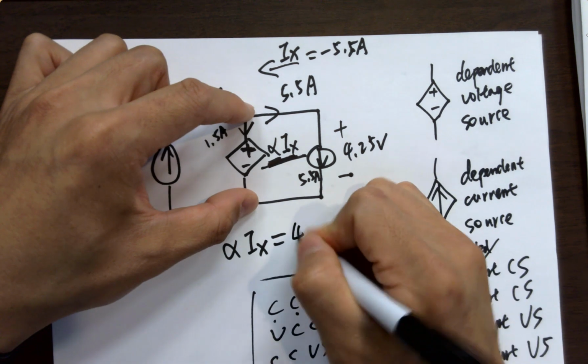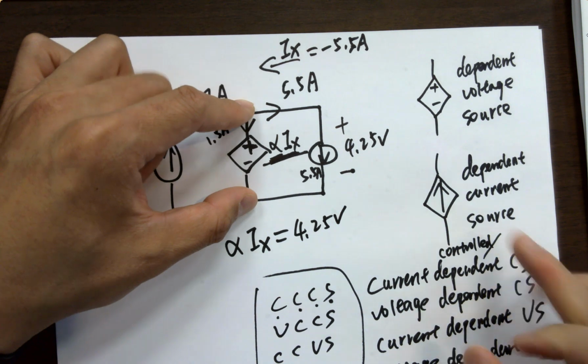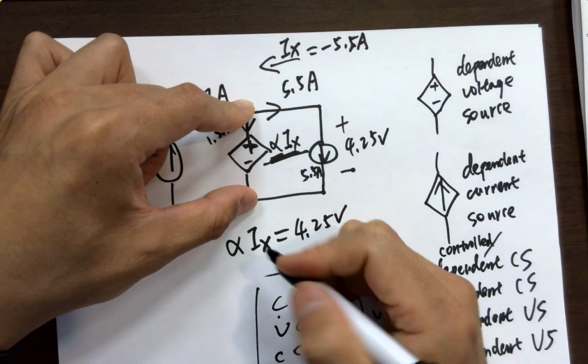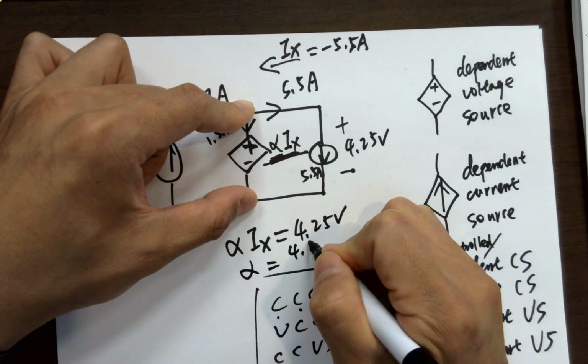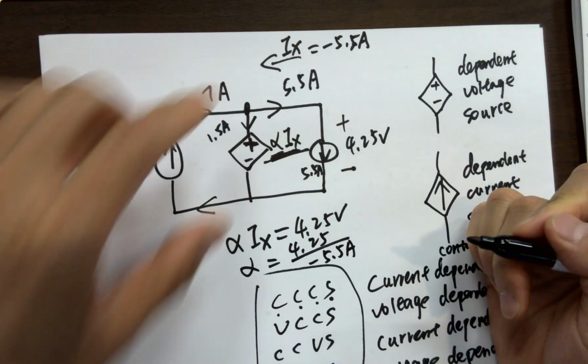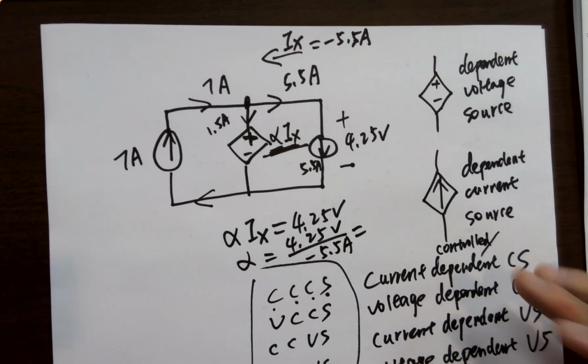So this equals 4.25 volts. Do you know Ix? Yes, given. So what is alpha? 4.25 divided by minus 5.5 amps. Just calculate it for that value.